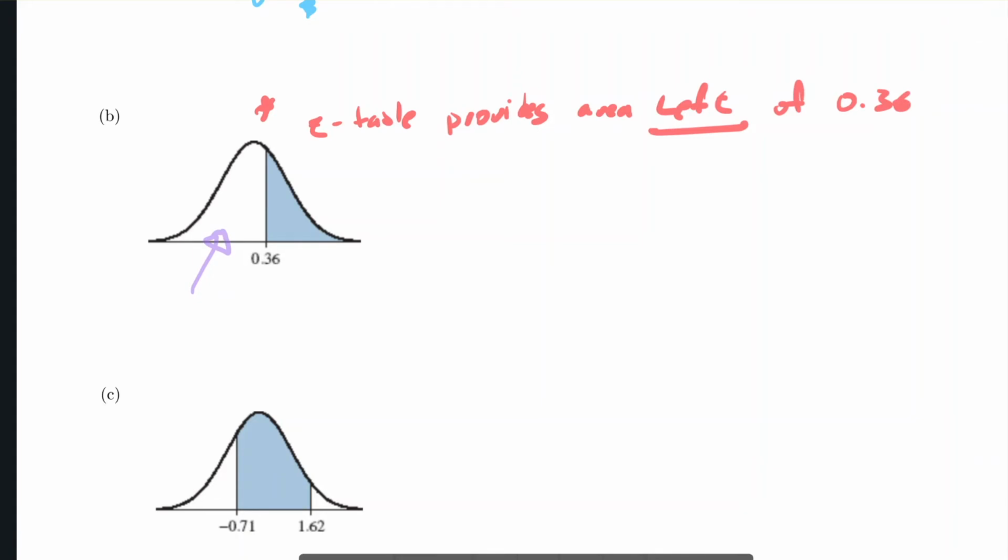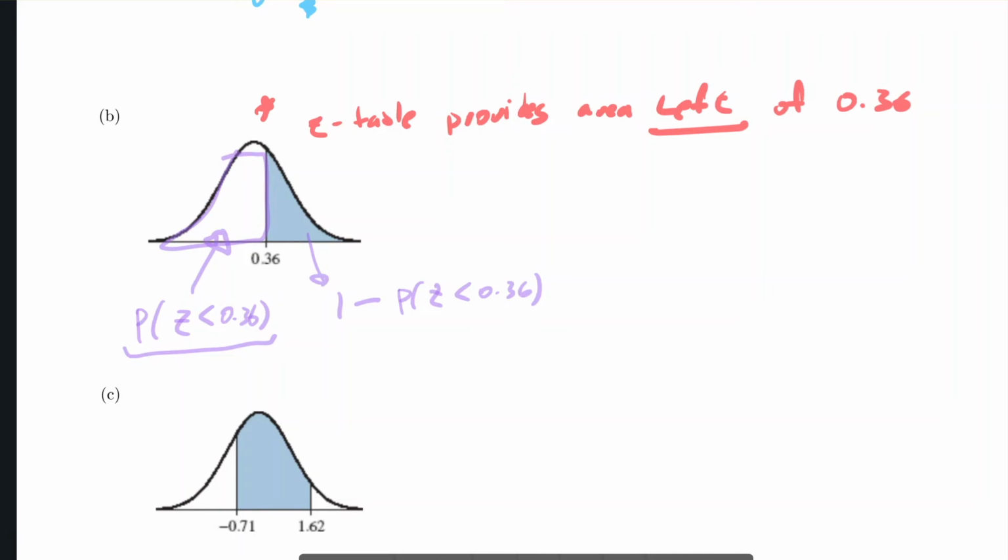So what we can do is this will be 1 minus whatever this area is. In order to note this area, I can note it as probability of z less than 0.36. So the right side will be 1 minus probability z less than 0.36. So let's find that area. Then we can subtract that area to find this shaded area.